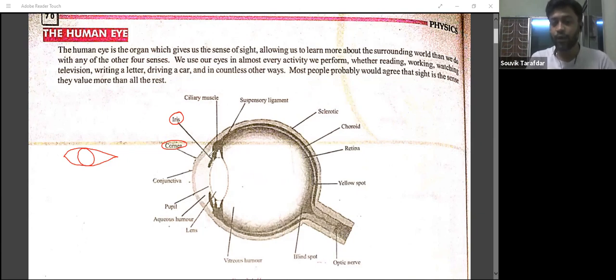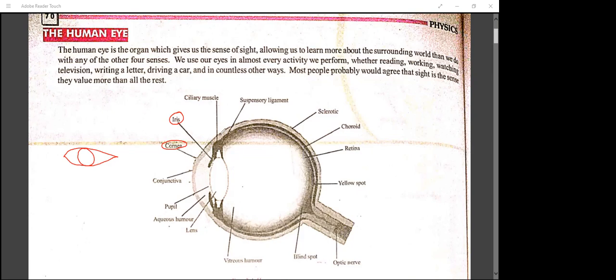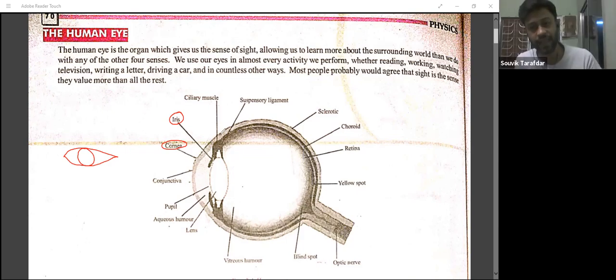But what is the work of the iris? Why is it there? Let me tell you. The iris acts like a stop. Have you ever seen a DSLR camera? In a DSLR camera, if you look very closely in the lens, you will see something like this.